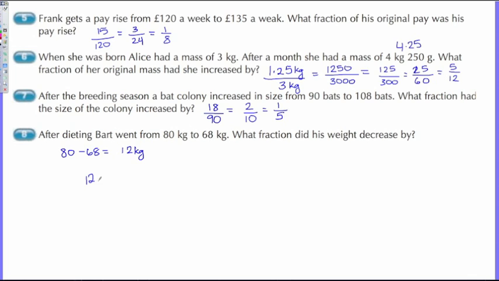And that's 12 kilos out of the original 80. Simplifying, we get 3/20. So his weight has decreased by 3/20.